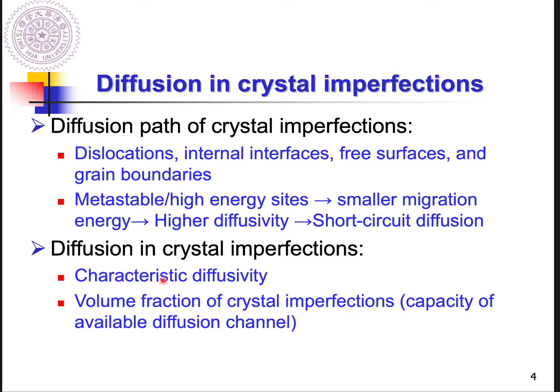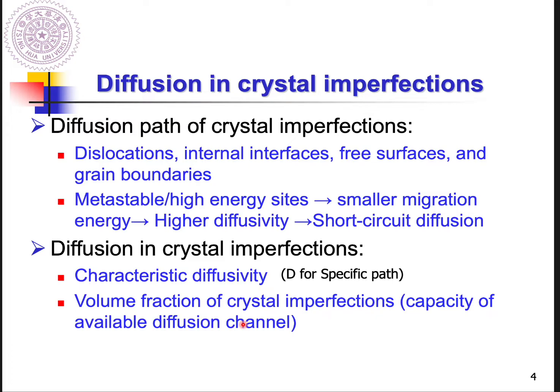The first one is characteristic diffusivity. Actually, it means the diffusivity for a specific path. It can be the diffusivity for dislocation, diffusivity for grain boundary, or along the free surface. This kind of diffusivity, we call a characteristic diffusivity.